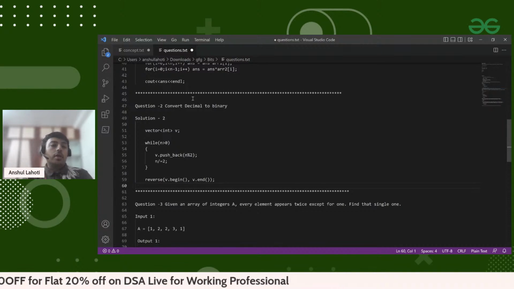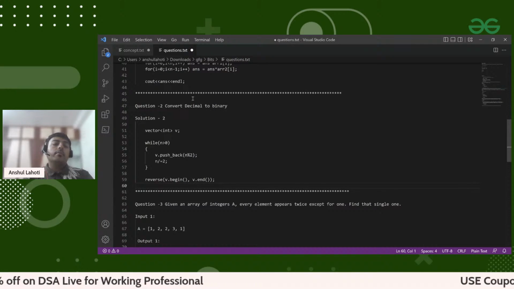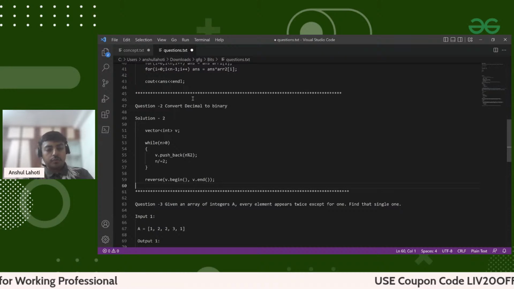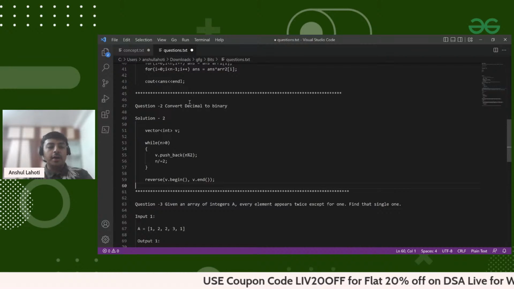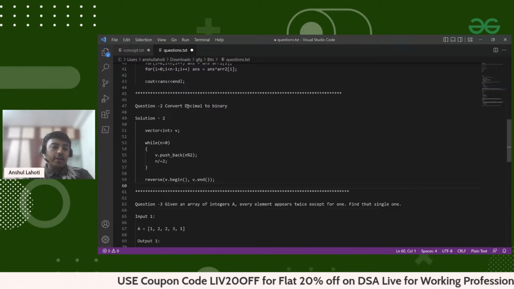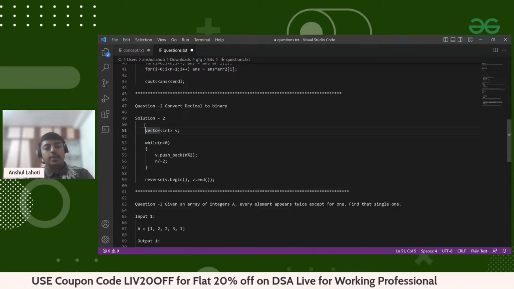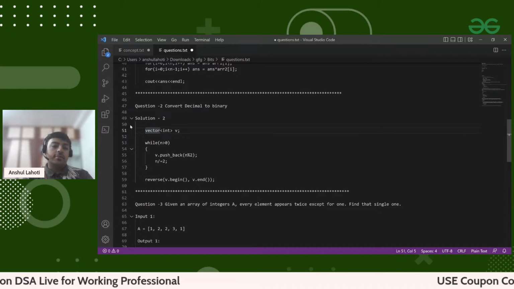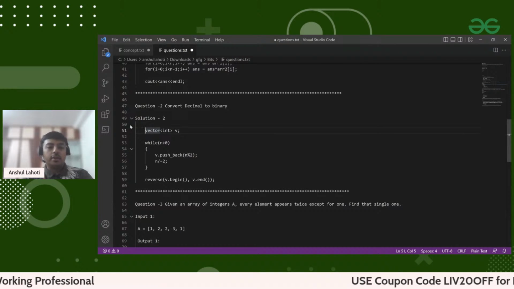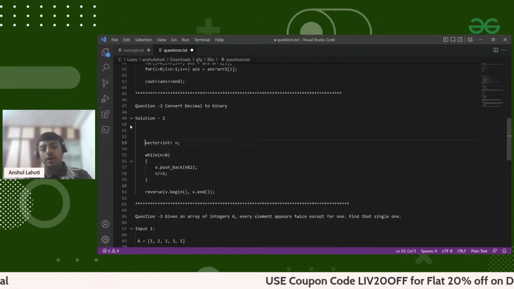Before that, as an example, let's see how to convert decimal to binary. I will provide you the code, and you will see how easy it is to write the code for converting a decimal number into binary.